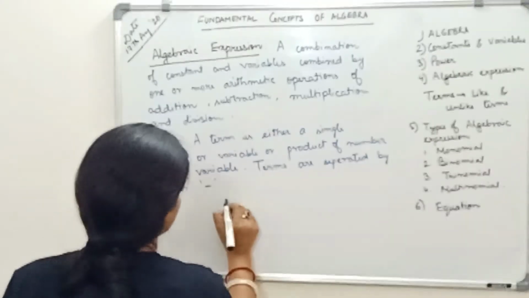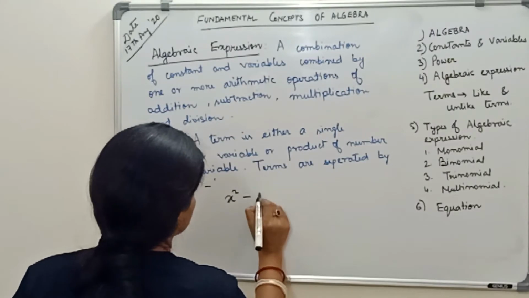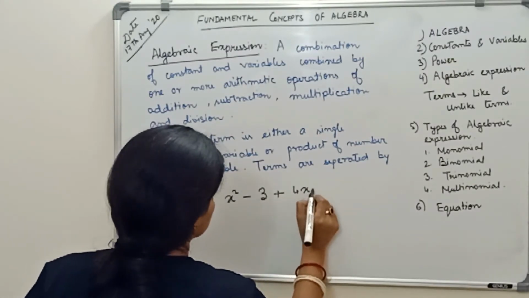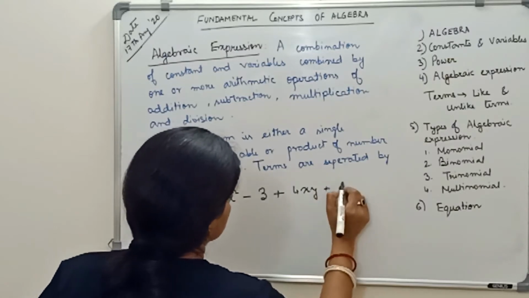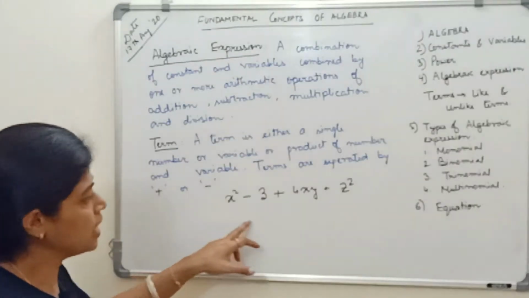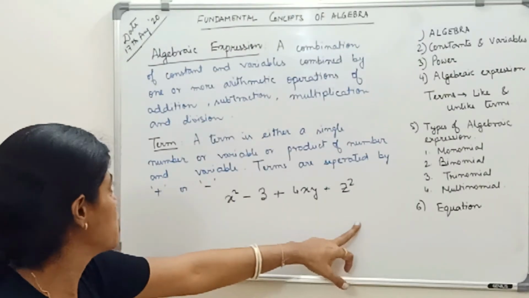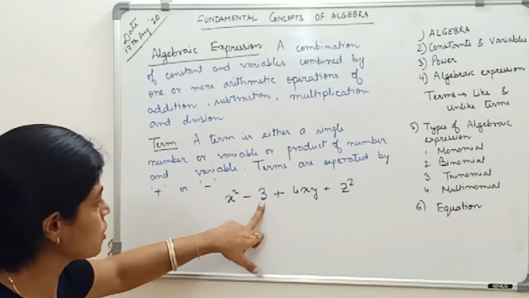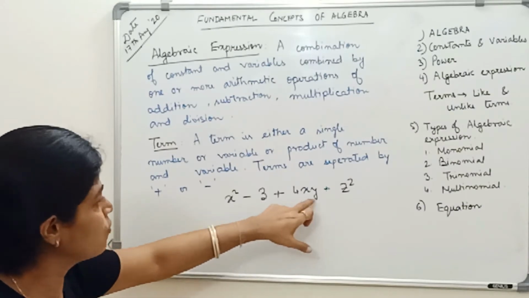Suppose if I write x square minus 3 plus 4xy plus z square. So this is a mathematical expression where constants and variables are there. Minus 3 is a constant, then these all are variables.